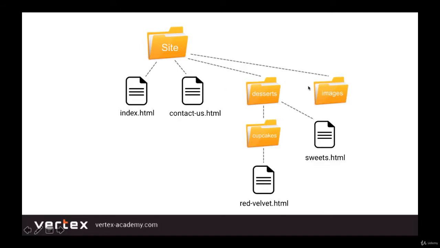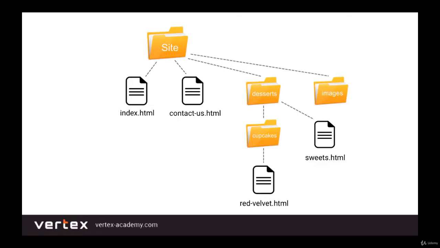Then we also have the images folder. After that, we have another folder that we just created called desserts. Then, inside this desserts folder, we have one file that we created, the first one, sweets.html, and then we have another folder that we just created called cupcakes. And inside cupcakes is where we have the red velvet.html file.